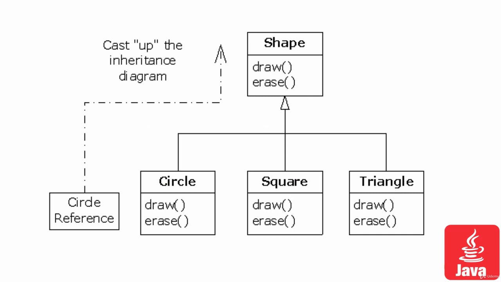When we move up a level, towards generalization or the parent class or base class, it is called cast up of inheritance. And when we move downward, it is a specialization or moving to the derived or child class.